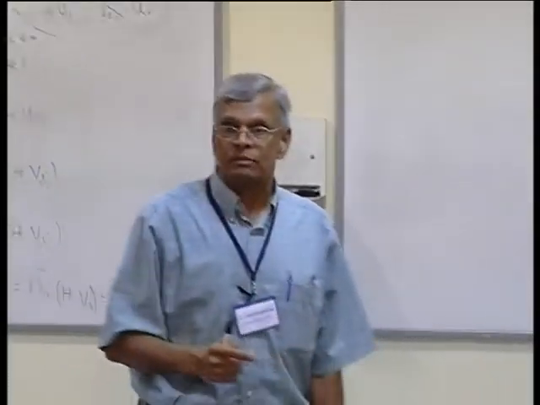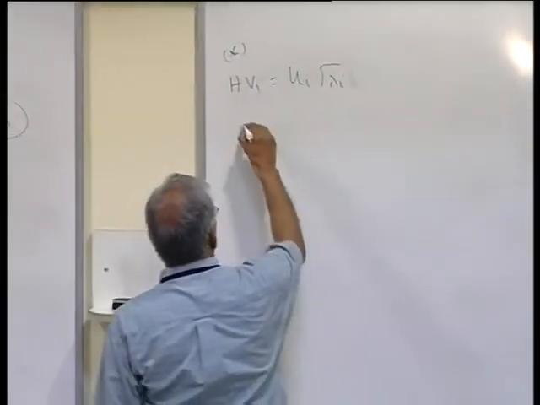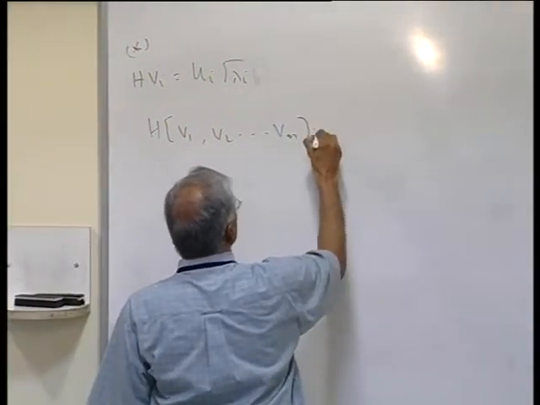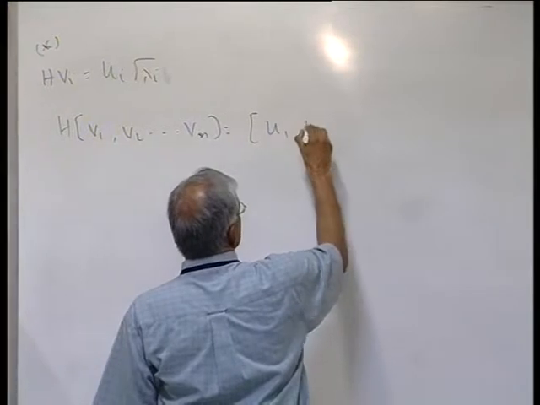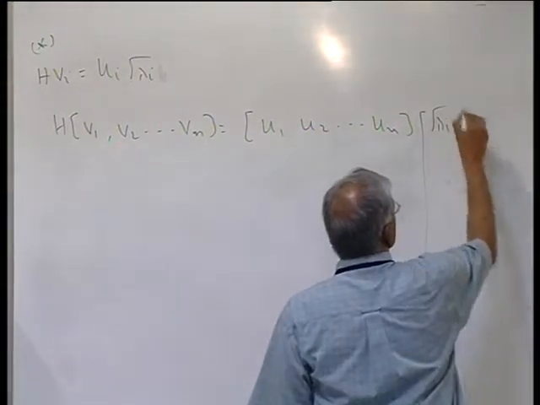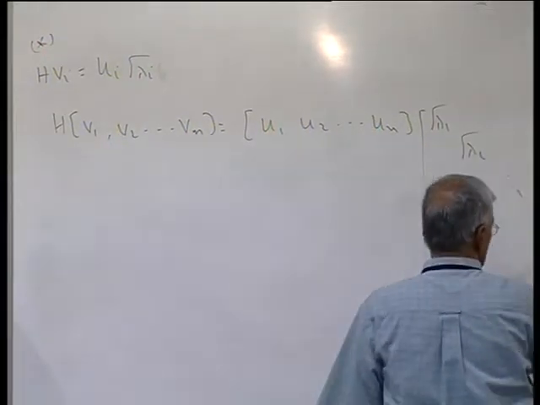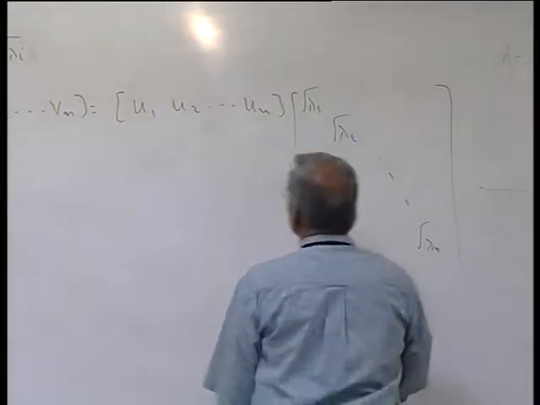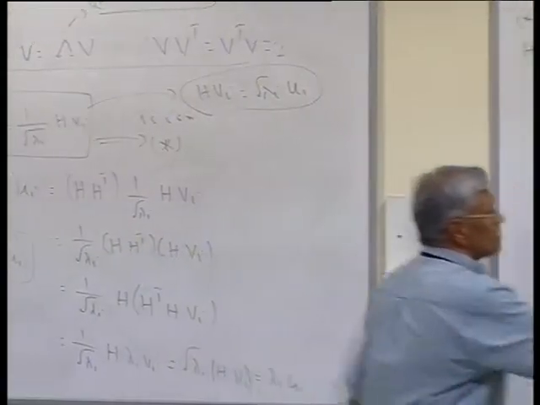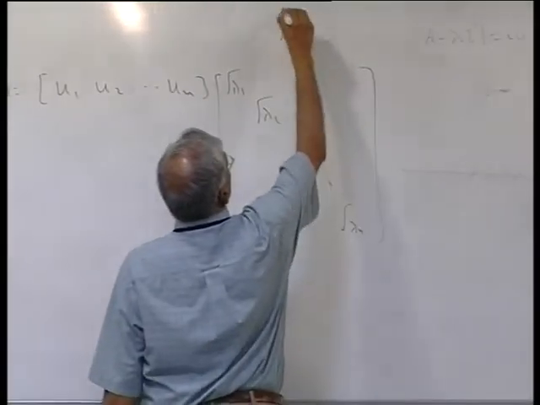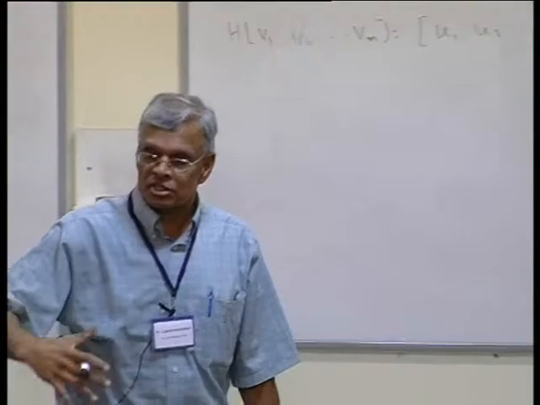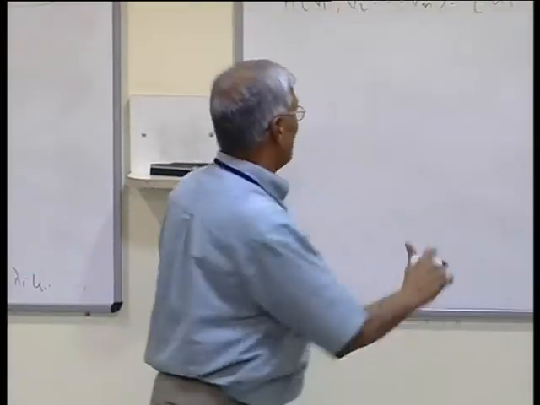There is one for each I. Therefore, I should be able to write that H V1 V2 Vn is equal to U1 U2 Un times lambda 1, lambda 2, lambda n. So this matrix I'm going to call lambda to the power half, because the square root of a diagonal matrix is simply square root of the diagonal entries.